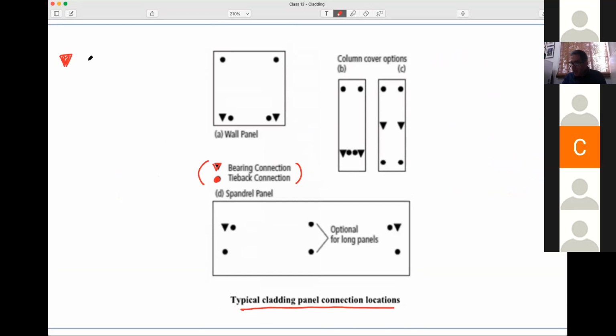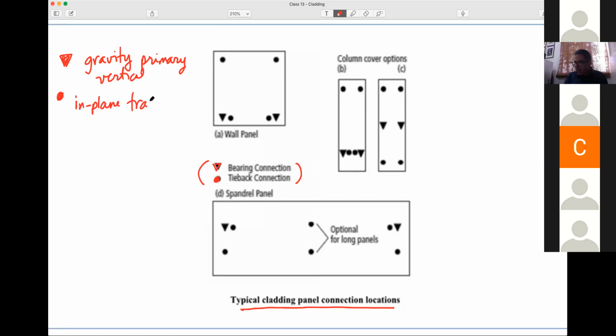Those triangles really are dealing with gravity primarily, when something is bearing, and generally in the vertical direction, obviously. The tiebacks are going to really hold the cladding in place due to in plane.